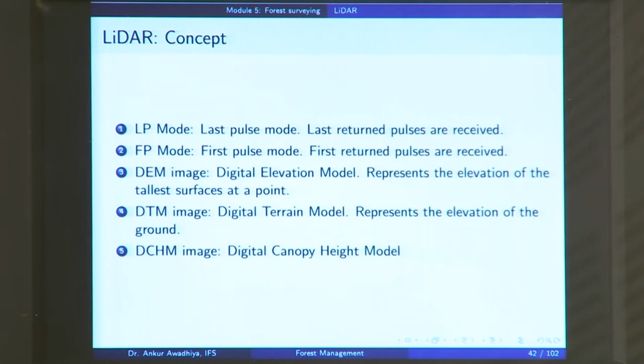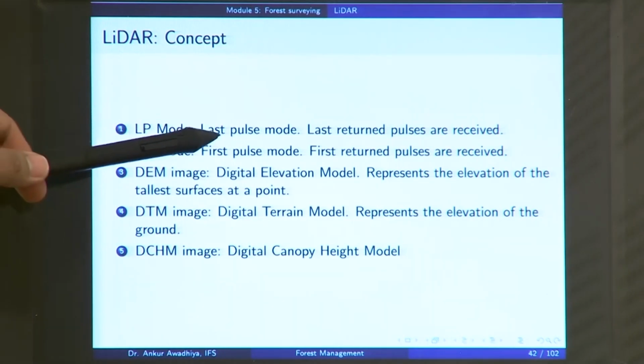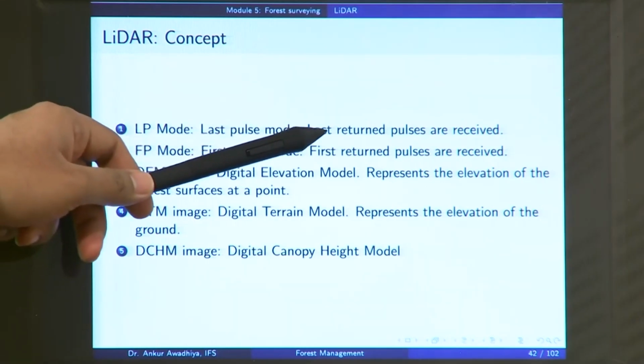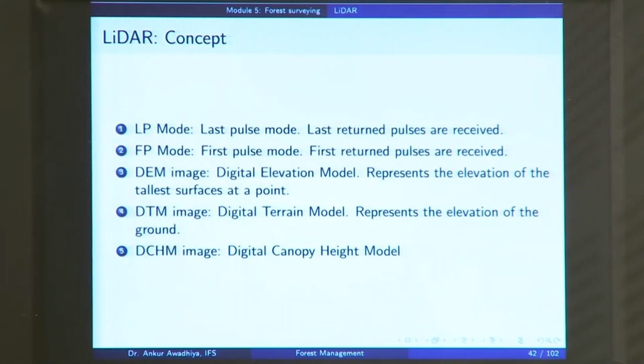Now, a laser can be used in LP mode or FP mode. In the case of LP mode, you are looking at the last pulse mode, in which case the last of the returned pulses are received, and in the FP mode or the first pulse mode, the first of the returned pulses are received. Now, what is that?